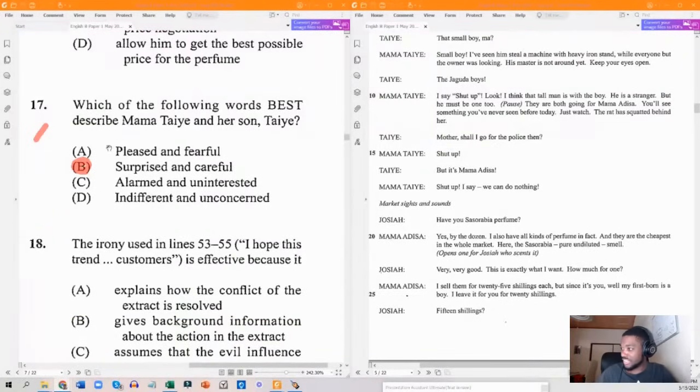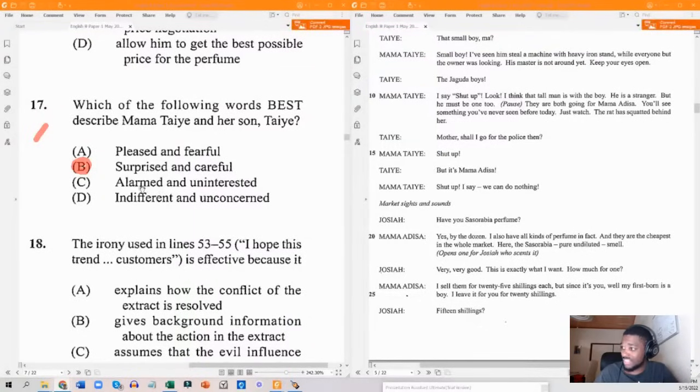All right, so 17, surprised and careful. We know that Mama Taiye is not surprised because she knows what's going on. She knows these thieves, but she's careful. Mama Taiye is careful, and Mama Taiye's son is surprised. Yeah, so surprised and careful for number 17.